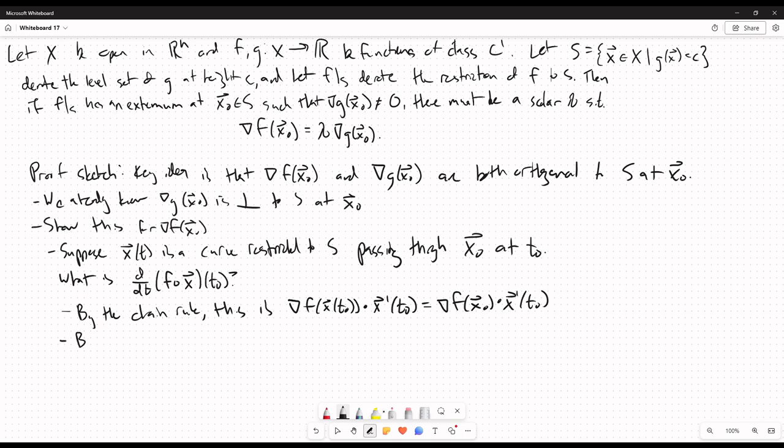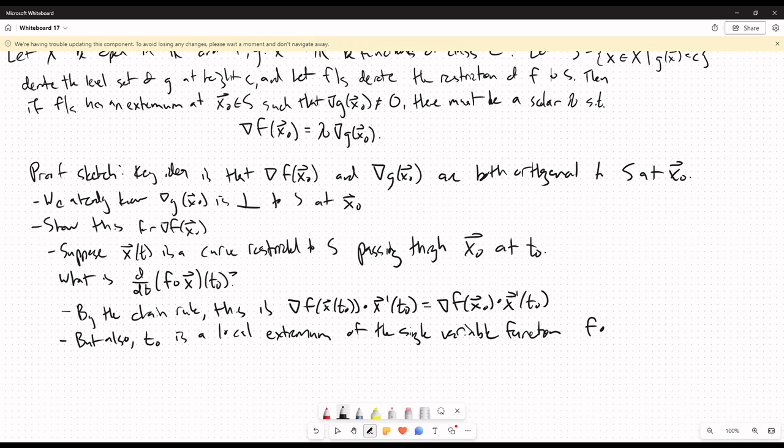But also, t naught is a local extremum of the single variable function f composed with x, because we noted that this is an extremum of f restricted to S. And this curve x is running around S, so it has to have a maximum or minimum or some sort of extremum at x naught.